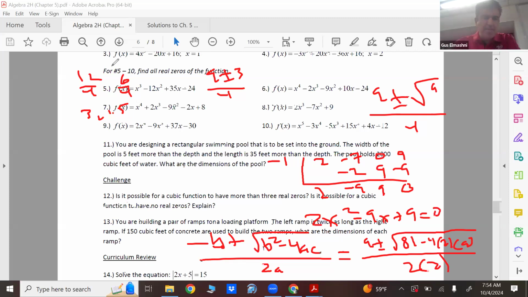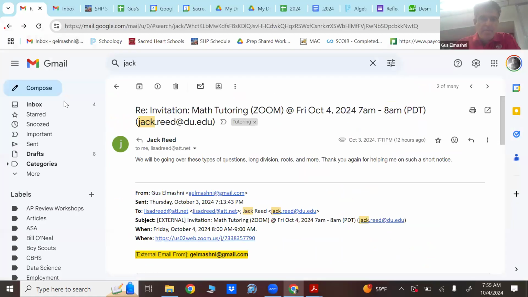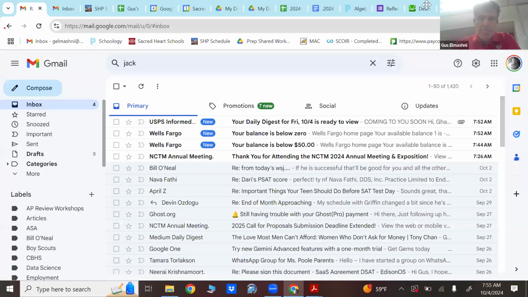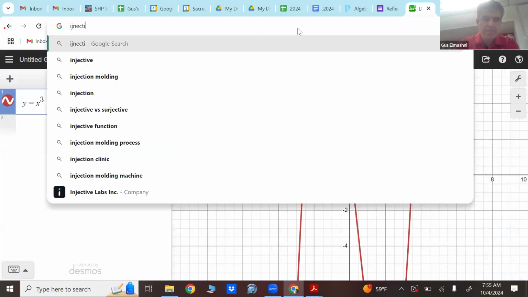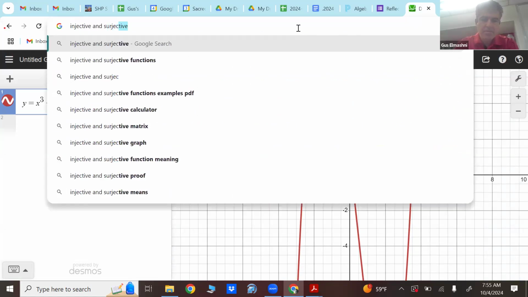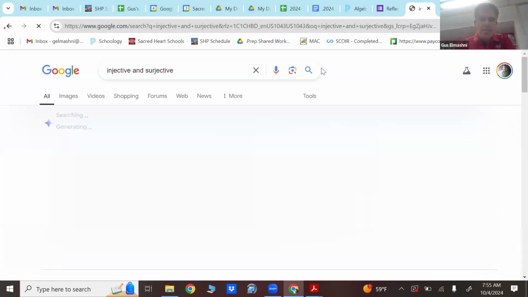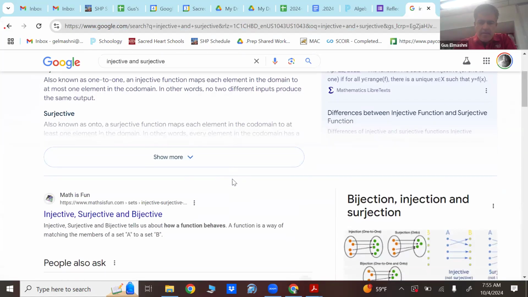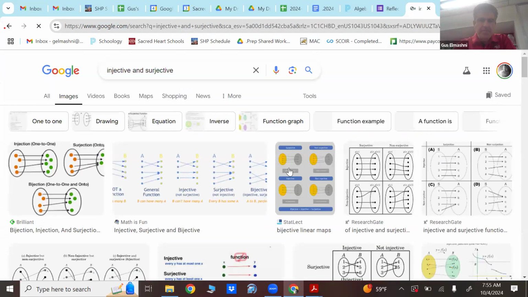Injective and surjective. I don't know. Oh, okay. There we go.